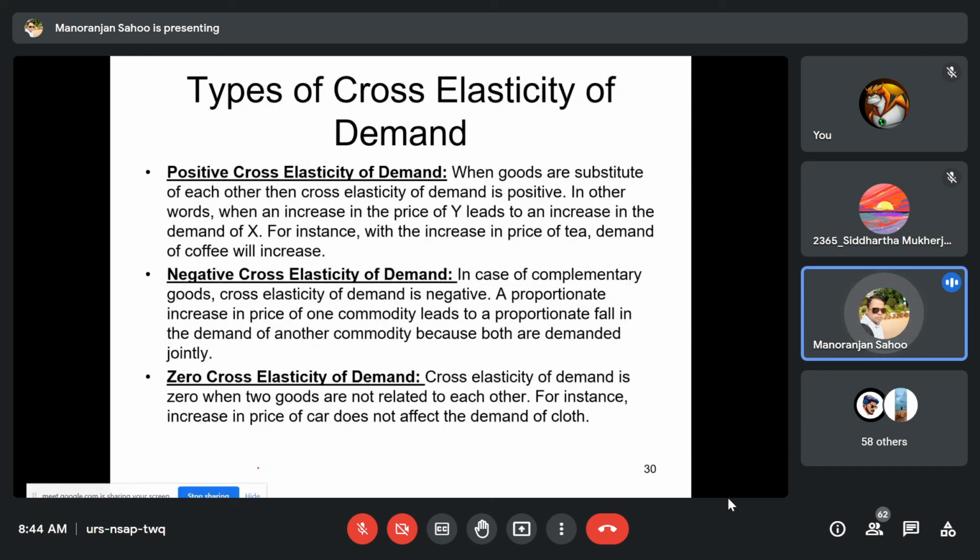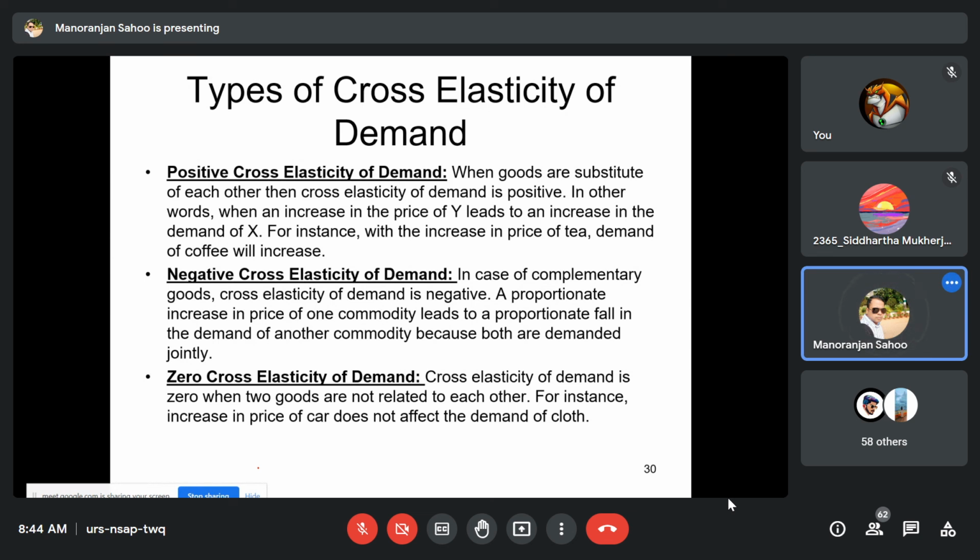But if the elasticity value is negative, then you can say two commodities are complementary to each other, because if two commodities are complementary, then an increase in the price of one commodity will result in a reduction in the demand for the other commodity, and vice versa, as a result of which the elasticity value will be negative.